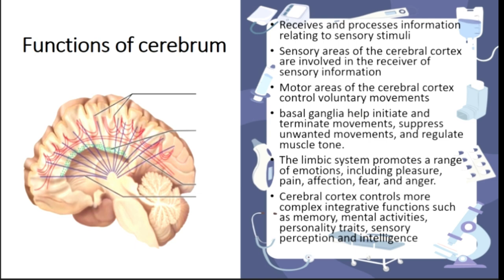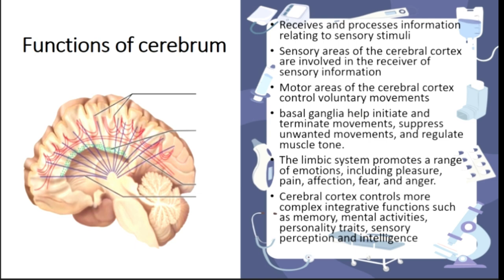And next we are going to learn about the functions of the cerebrum. The main function of the cerebrum is that it receives and processes information related to sensory stimuli. If any stimulus takes place in your body, it is received by the cerebrum and then it gives the particular response to that part.